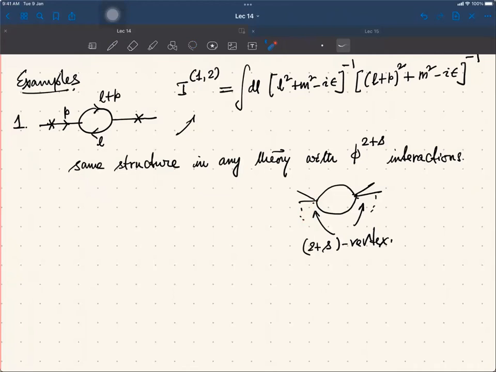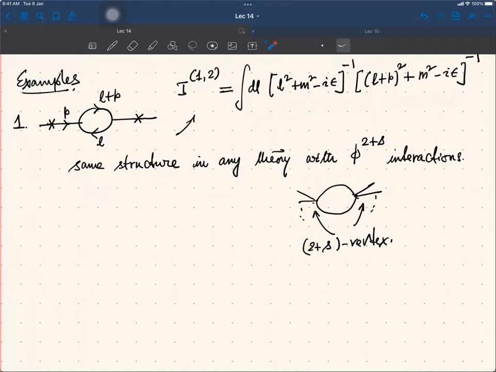So it will be the same expression, with P being the total momentum that is coming in through the different lines. But the structure of this one loop diagram, the mathematical expression, is exactly the same.